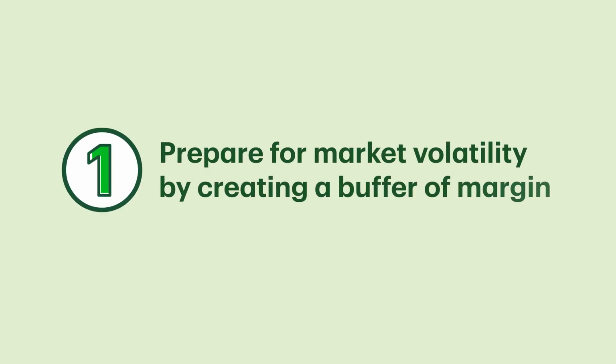First, maybe the most important tip, prepare for market volatility by creating a buffer of margin. Markets are cyclical, where a 10% drop is considered a typical market pullback and a drop of 20% or more is considered to be a bear market. So you might want to consider aiming for a buffer of at least 10 to 20% of your maximum available margin at all times.